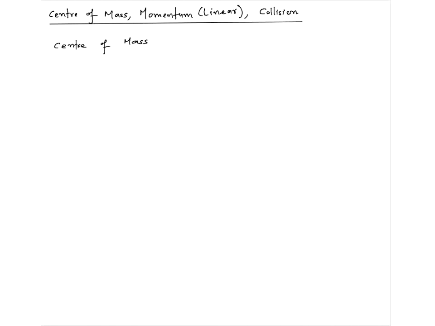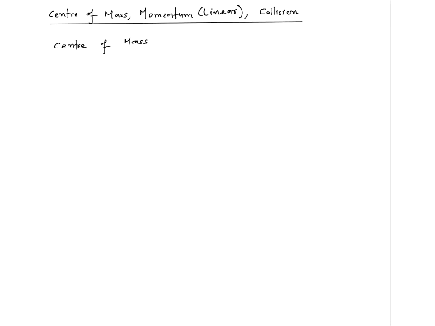Here comes the concept of center of mass. In the body, there is some point, and that point can be treated as a particle. A very good way to find the center of mass is to try to balance.